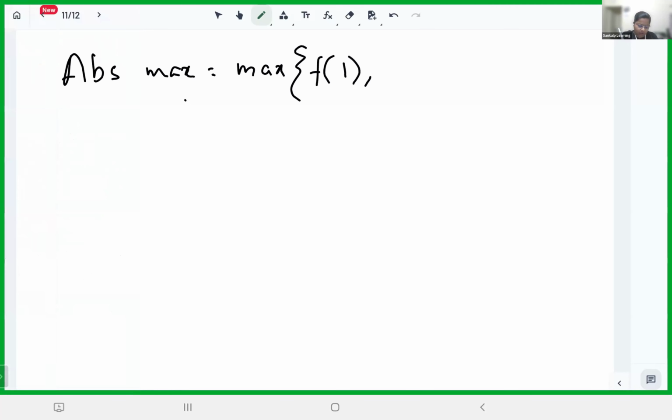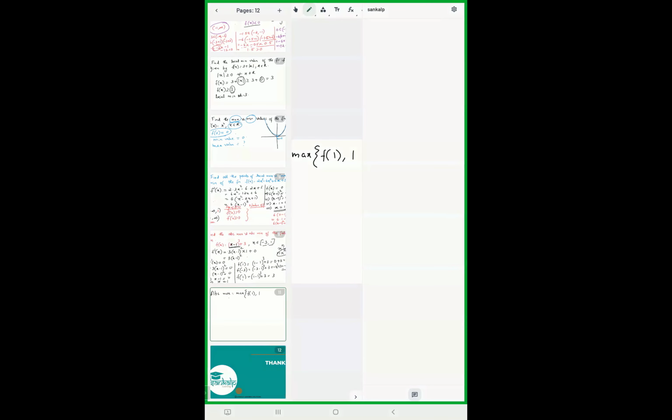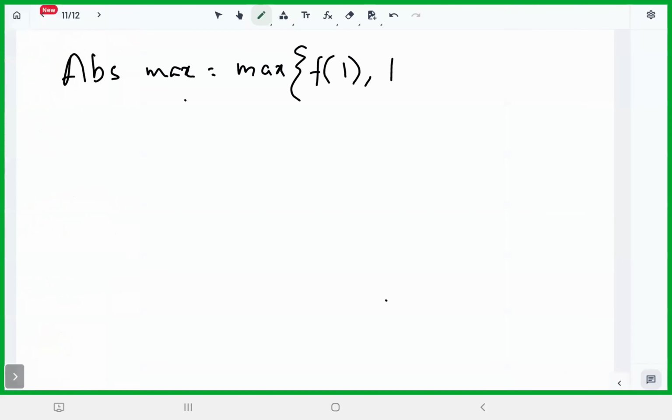And f of 1 we have already found out. One endpoint was 1 itself, so we have already included f of 1 here, and no need to write f of 1 again.